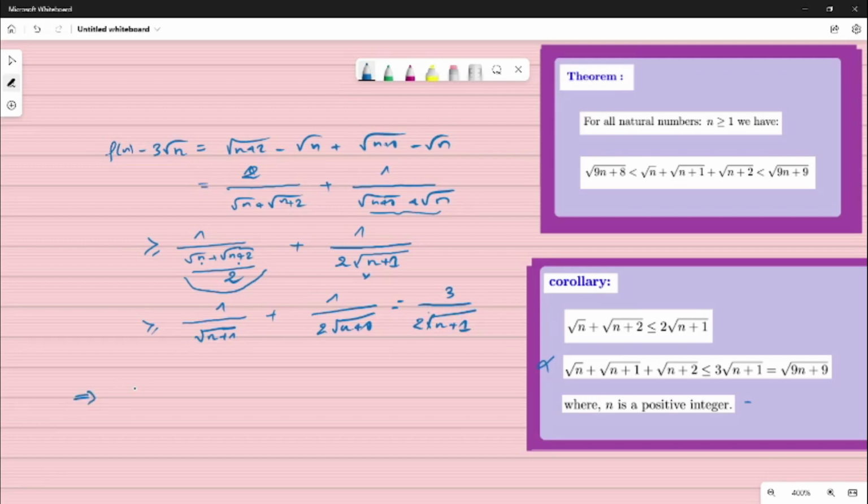So f of n is greater than 3 divided by 2 square root of n plus 1 plus 3 square root of n. And we should prove that this quantity, it is sufficient to prove that this quantity is greater than square root of 9n plus 8.